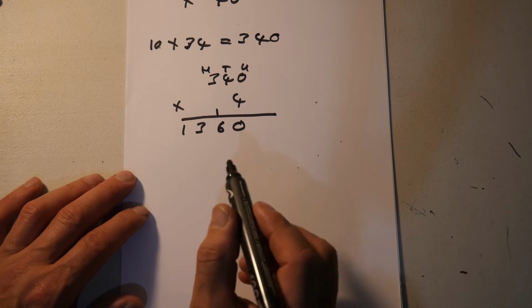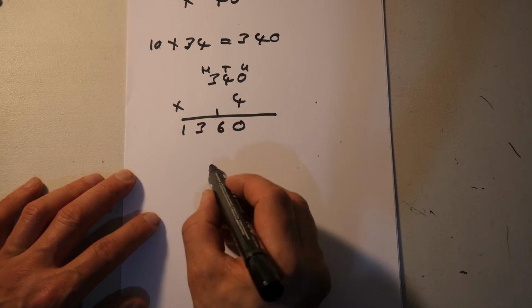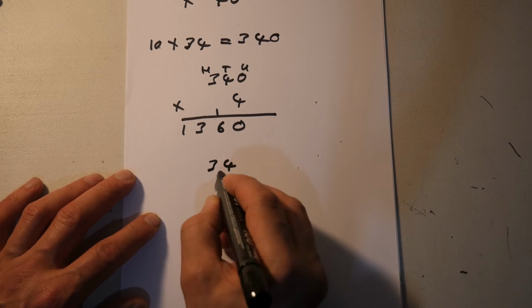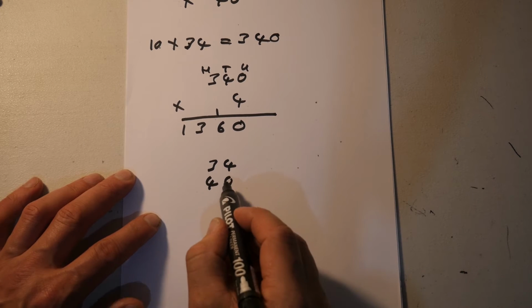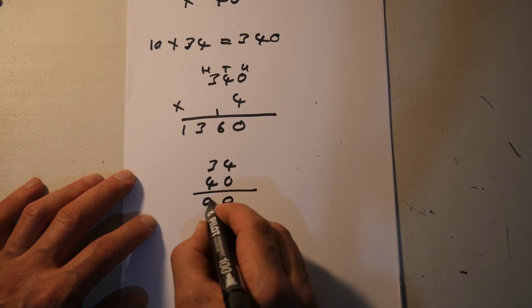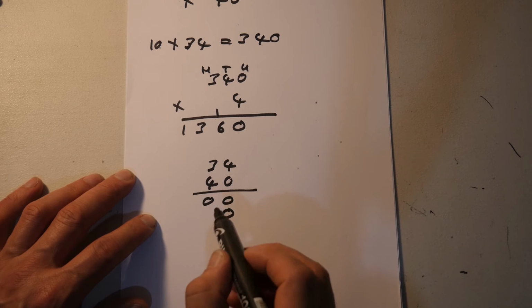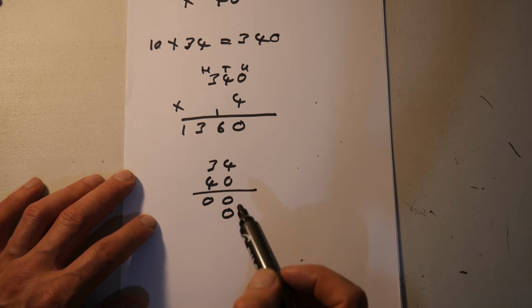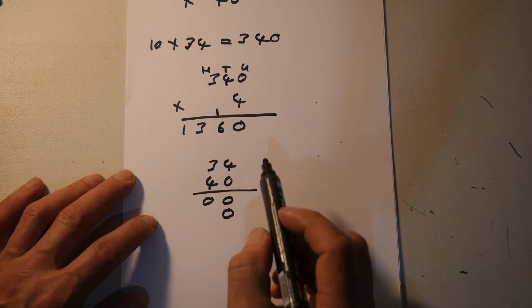We can do it the slower way, which is 34 times 40. Okay? 4 times nothing is nothing. 3 times nothing is nothing. Then put a 0 there. Do what I do, okay? Just do what I'm doing.